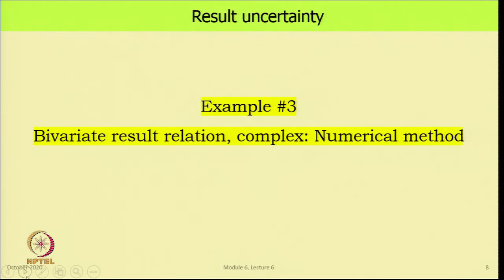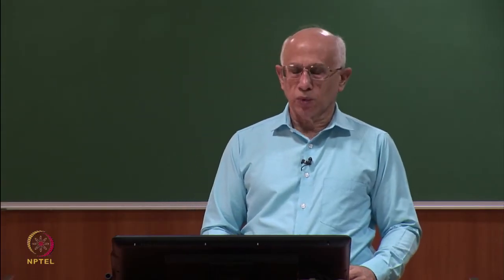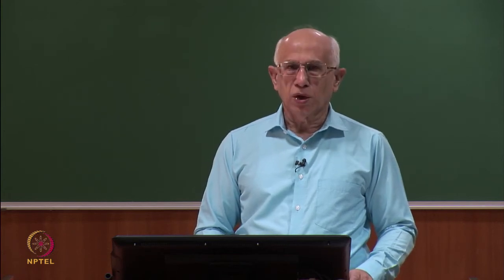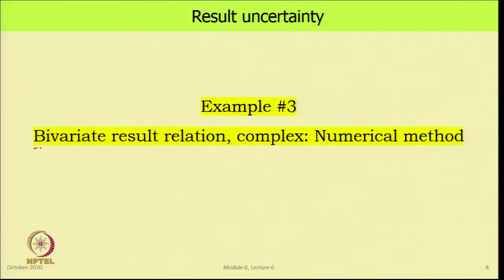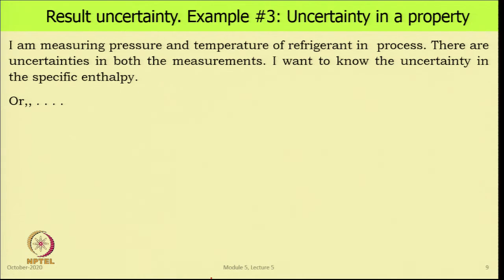Now, we take an extension, a more involved situation of the earlier case, but instead of a univariate result relation, let us look at a bivariate result relation, which is too complicated, so we do not have an analytical relation and we will use a numerical method. Our problem statement goes like this: I am measuring pressure and temperature of a refrigerant in a process. This could be a refrigeration plant, a chiller unit, whatever. There are uncertainties in both the measurements.